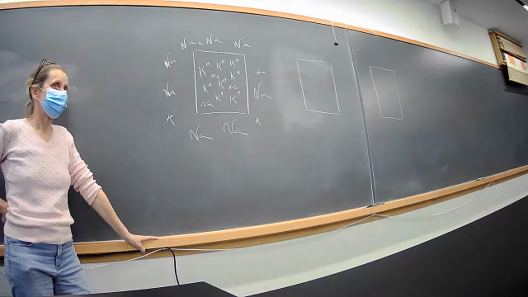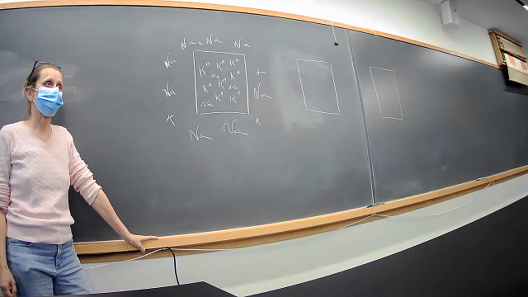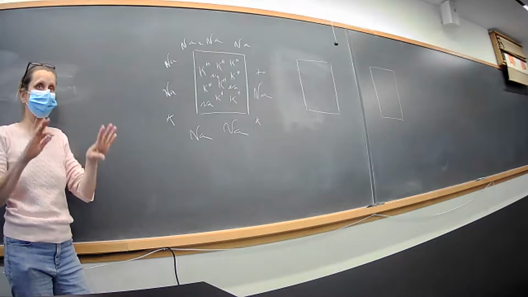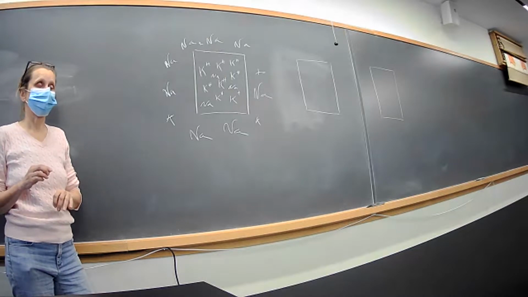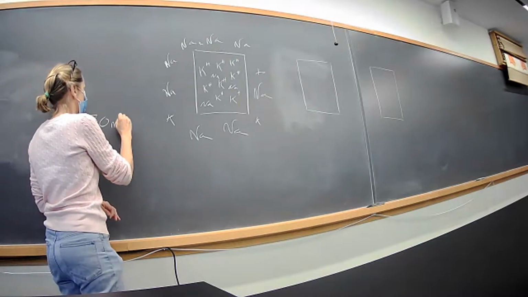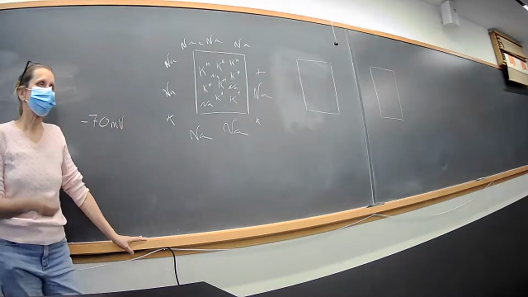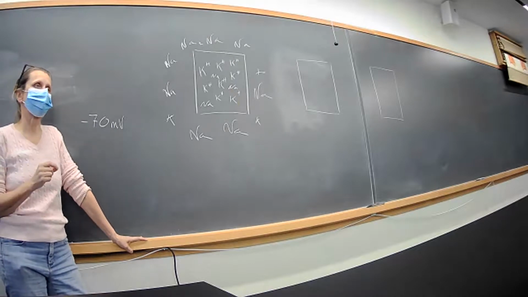Because you have a different concentration of ions on either side of the cell membrane, you have a very slight difference in charges, which is going to be negative 70 millivolts. So it's tiny, you're talking millivolts. Tiny, tiny, tiny difference in charges.